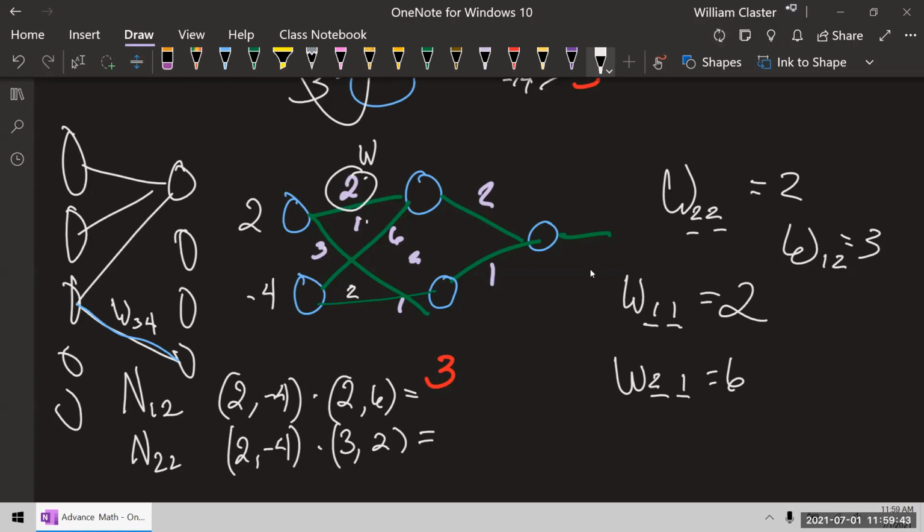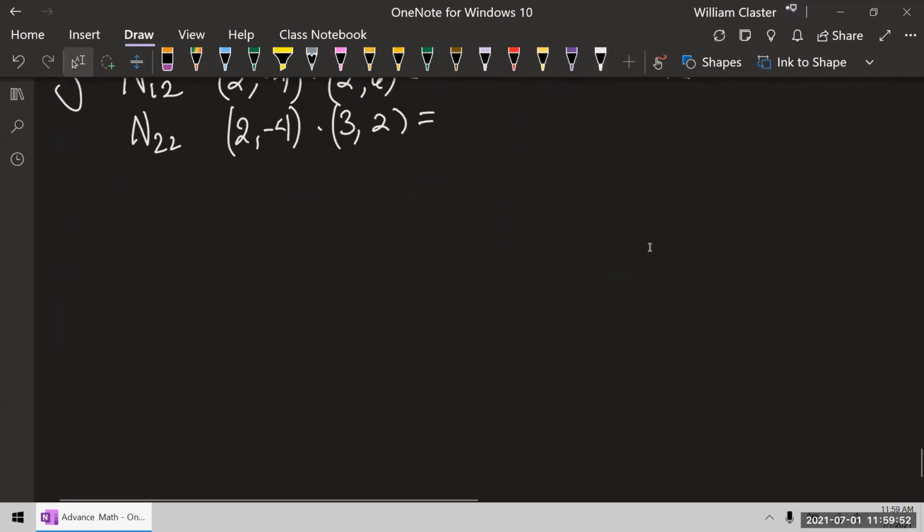Okay, so now we know how to calculate with a neural network. We could do this with the iris data, right? In the iris data, how many inputs are there? We have sepal length, sepal width, petal length, petal width.